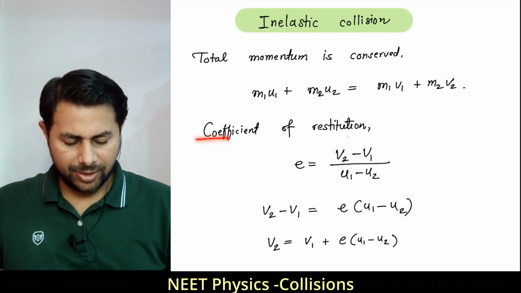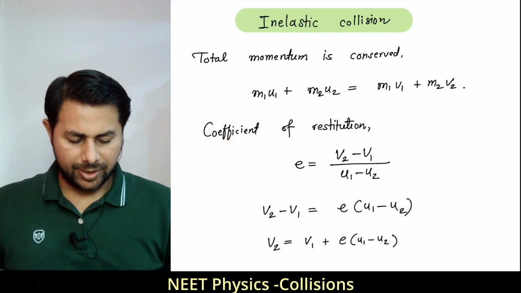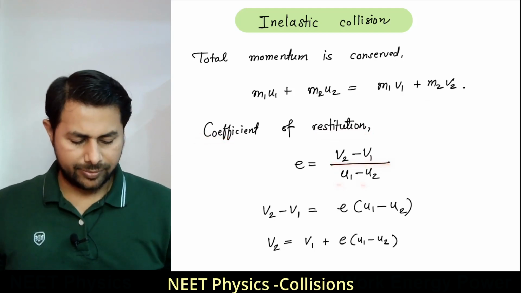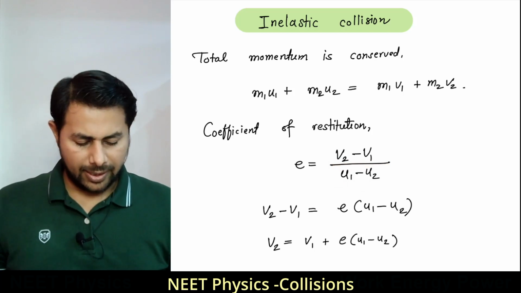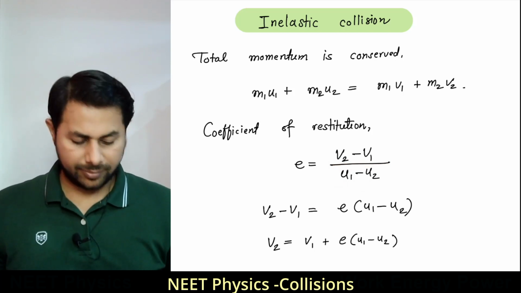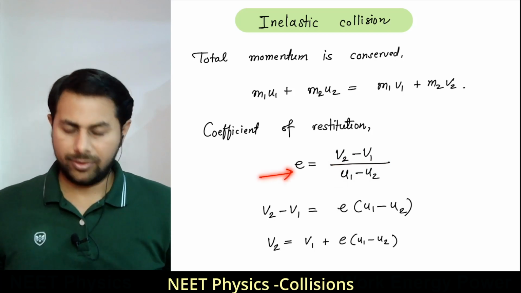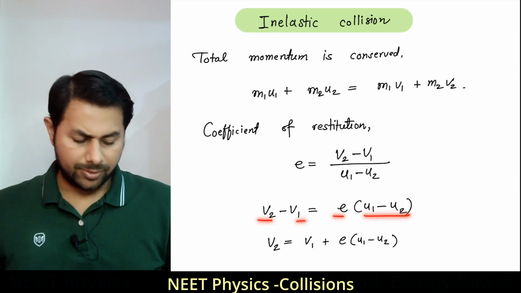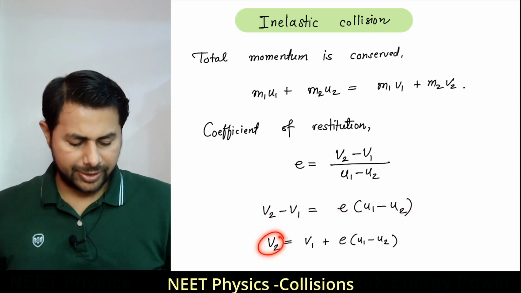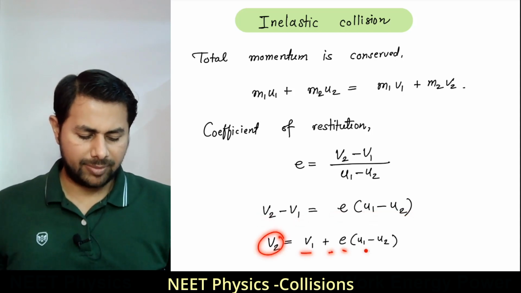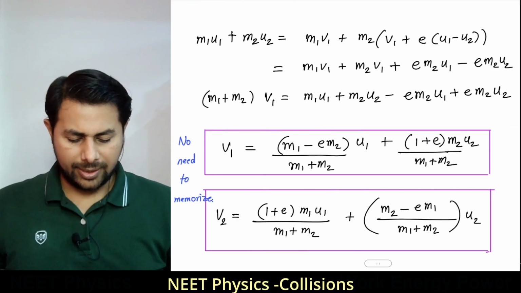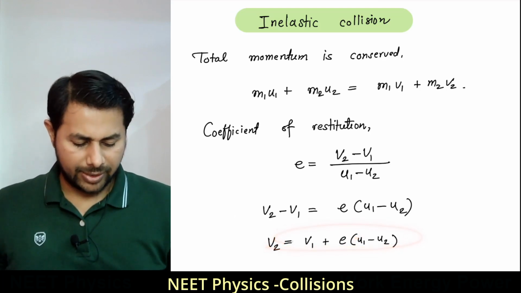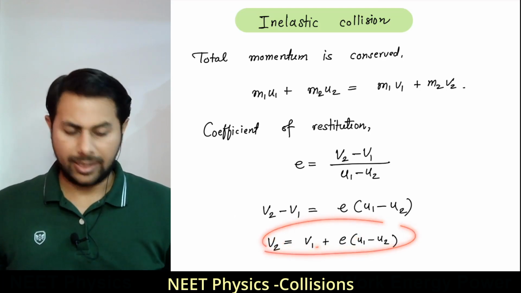Then you have the coefficient of restitution, e, which is equal to (v2 minus v1) upon (u1 minus u2). From this you can write that v2 minus v1 is e multiplied by (u1 minus u2), and v2 is equal to v1 plus e multiplied by (u1 minus u2). Then you can substitute this in the momentum formula.